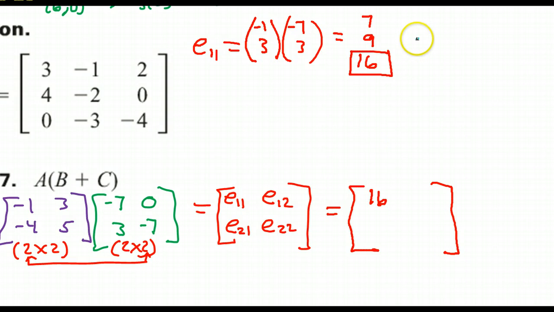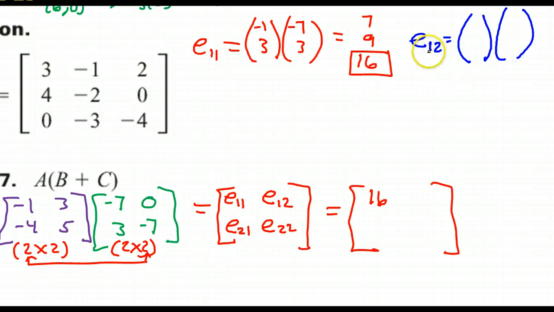So over here, I feel like I should change colors. All right, how about element 1, 2? Element 1, 2 is row 1 times column 2. So row 1 is -1, 3.